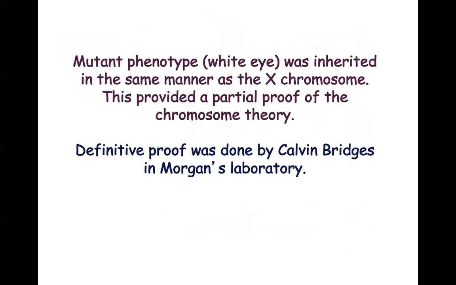Well, we had microscopes at this point. And so one of the things that they started to see was that the mutant phenotype, the white eyes, was inherited in the same manner as the X chromosome. Remember colored bodies? We did this the first time we met, chromosomes, colored bodies. The way that they were being passed on from one generation to the next actually matched the way the white color was being passed on from generation to generation.